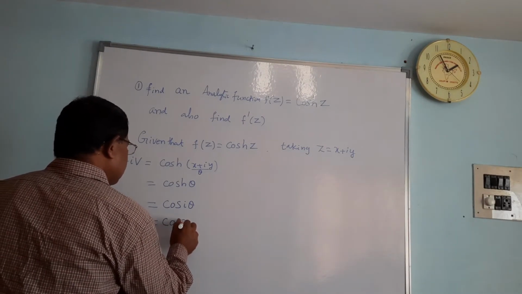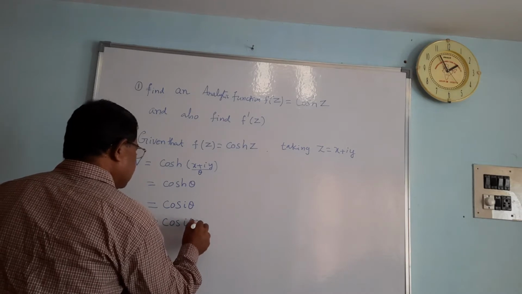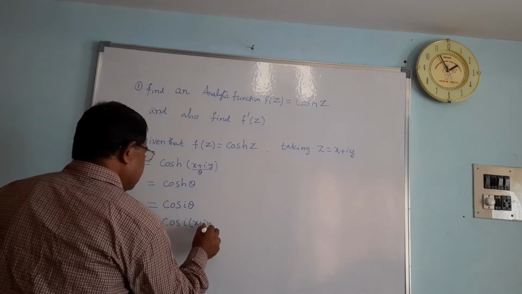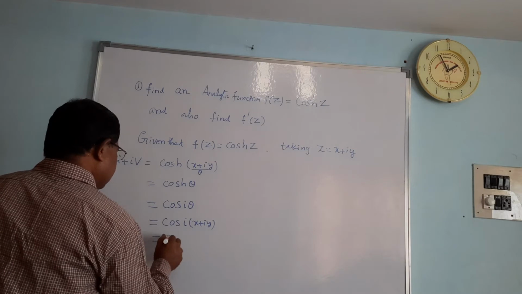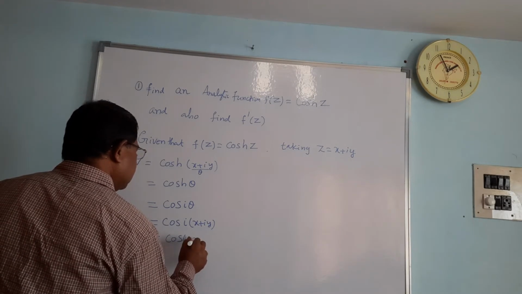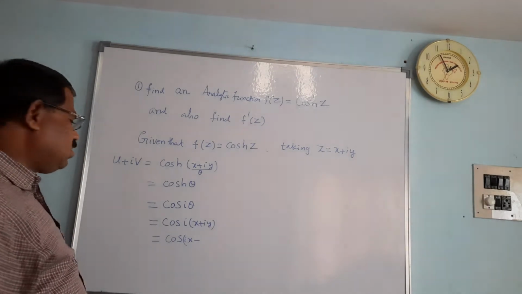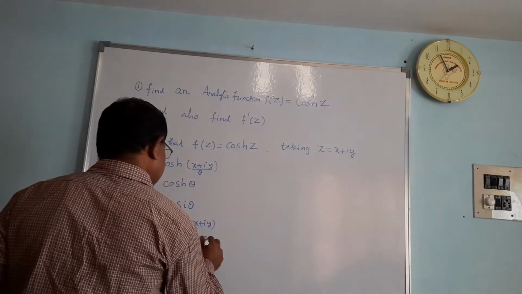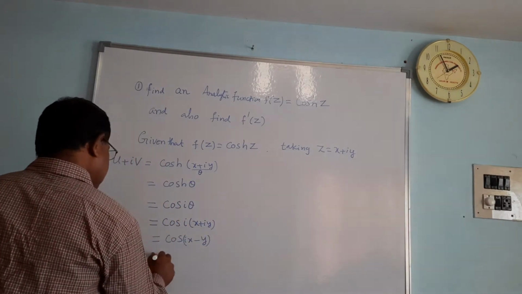Cos i theta is cos of i times x plus iy, which is cos of ix minus y, with i squared giving the minus sign.